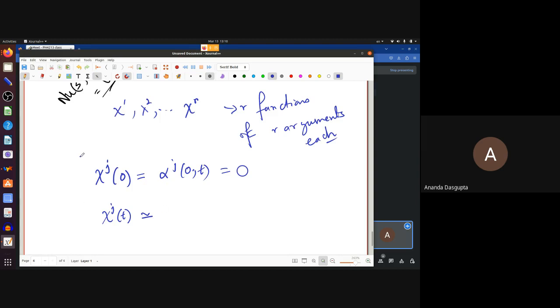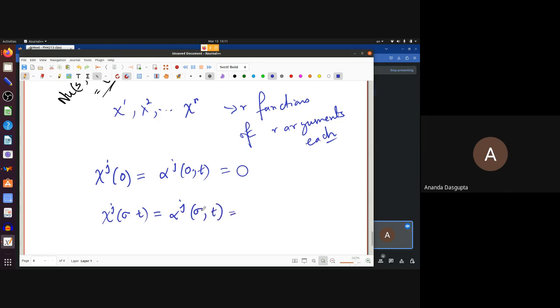Or rather, let's put in sigma here explicitly, that will be easier to see. chi j of sigma t, let's say sigma or t, either of them are small, so that it's not sigma comma t, it's sigma times t, plus of course alpha j of sigma comma t.